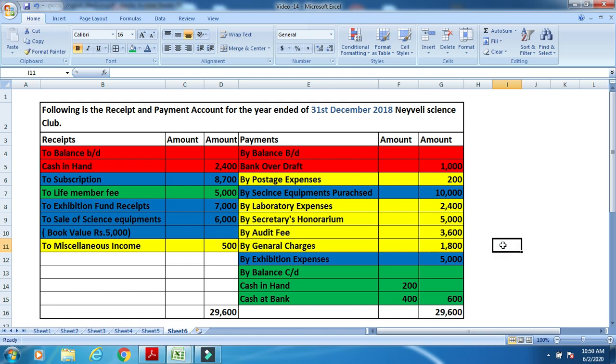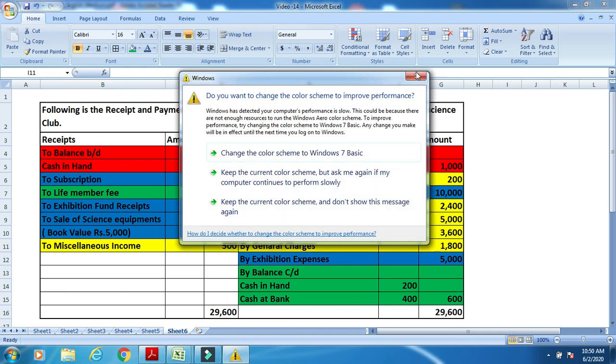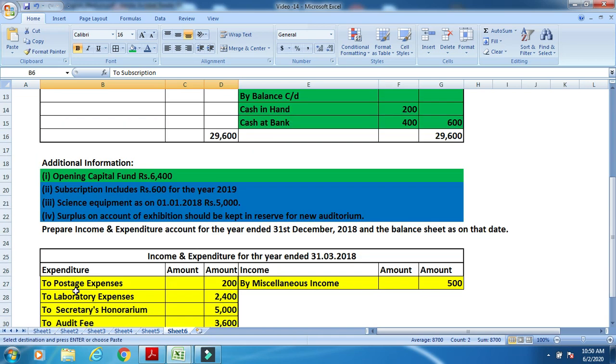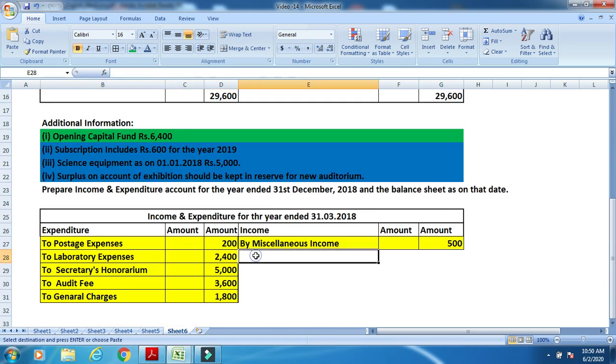Next step. Whatever is highlighted in blue will be considered to prepare the income and expenditure account. Here, receipt side, to subscription 7,800; 7,800 would be mentioned here. We have an adjustment, and whatever we have an adjustment for, the amount should be mentioned in the inner column.